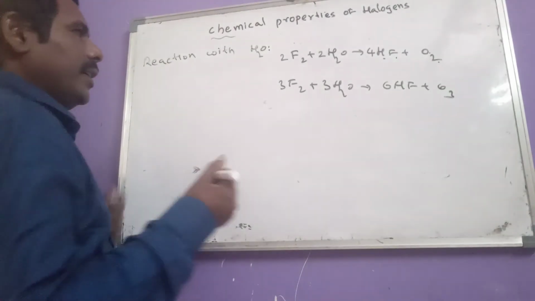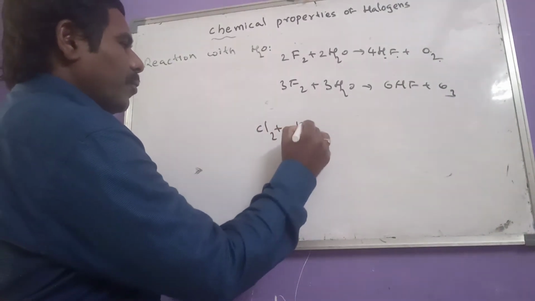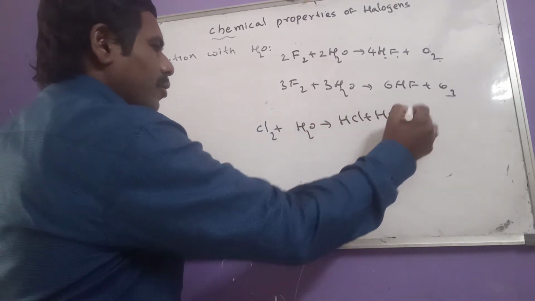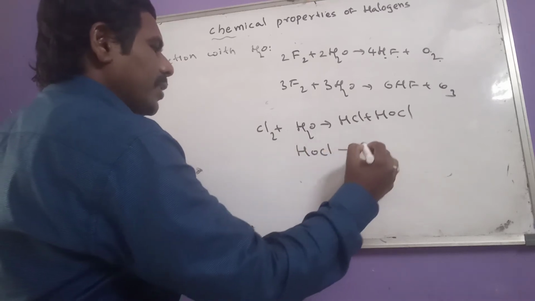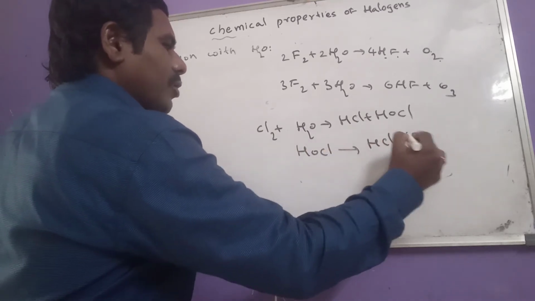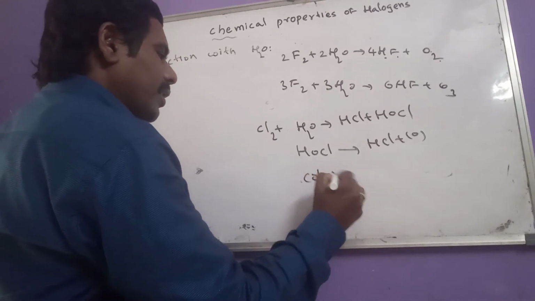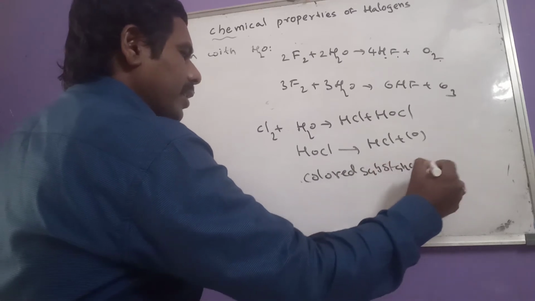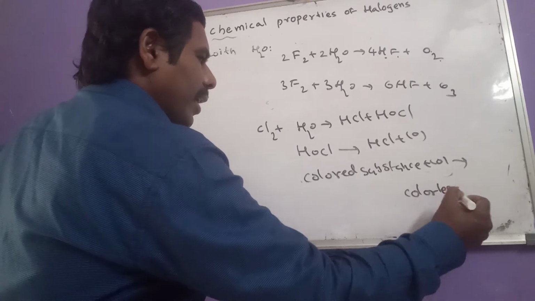Then the reaction with chlorine: Cl2 plus H2O gives HCl plus HOCl. This HOCl, hypochlorous acid, dissociates to give nascent oxygen, and any colored substance that takes up this nascent oxygen becomes colorless.